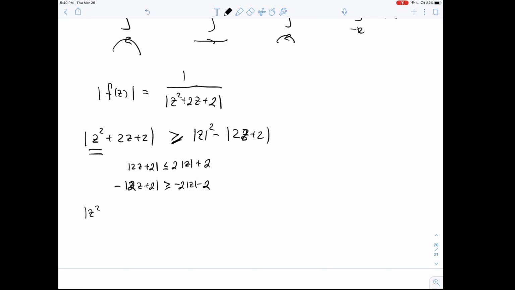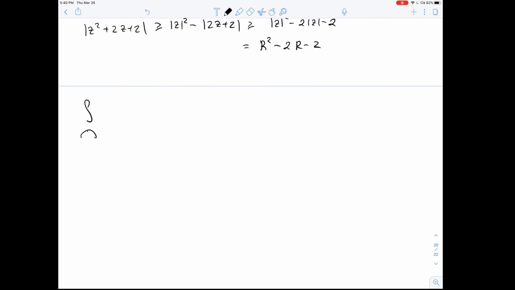And so this implies that what I wanted to estimate is bigger or equal than this minus this. This is bigger or equal than z square minus 2z minus 2. And we are on this arc, on this semicircle, so this is r squared minus 2r minus 2.